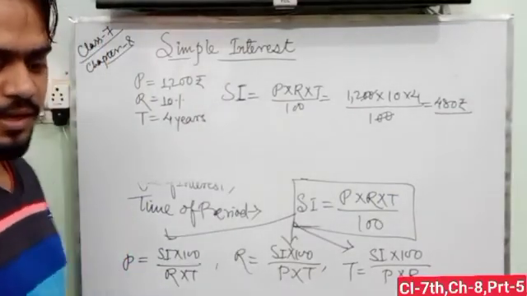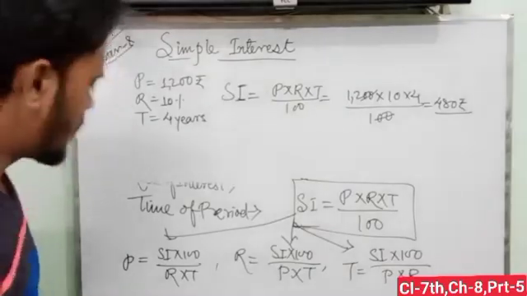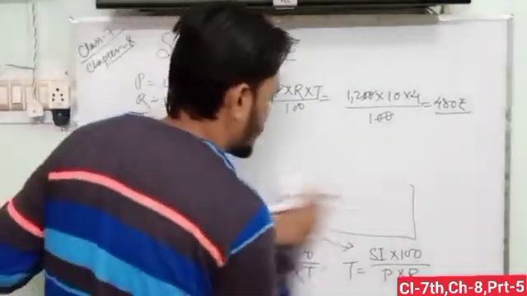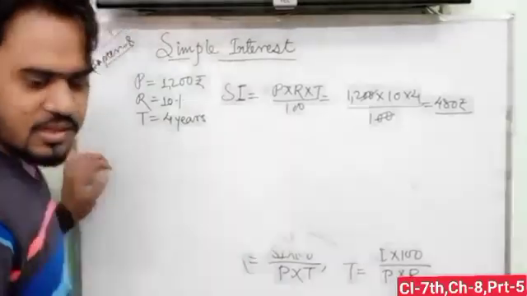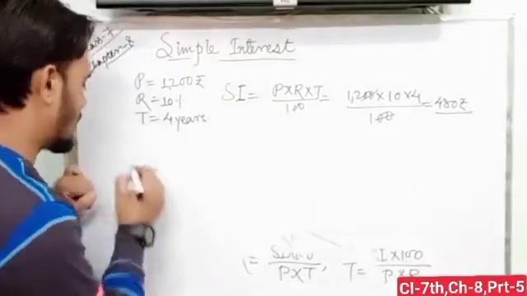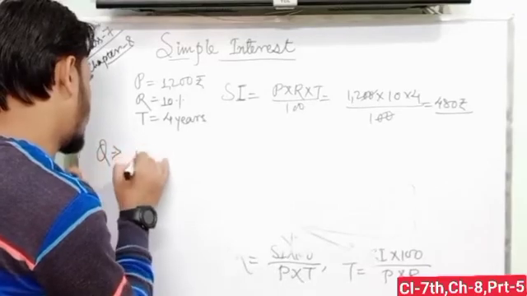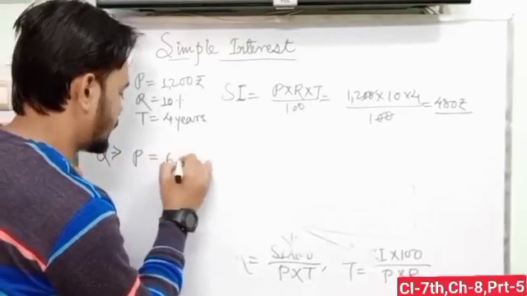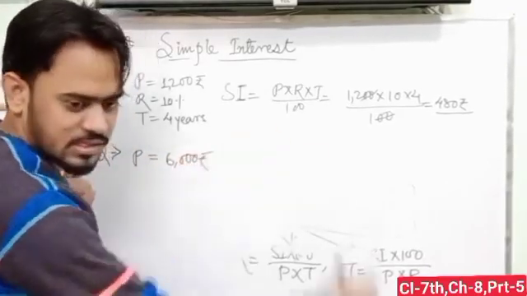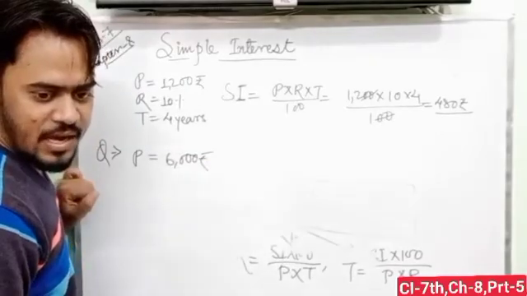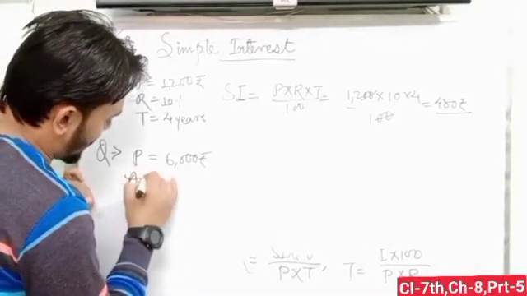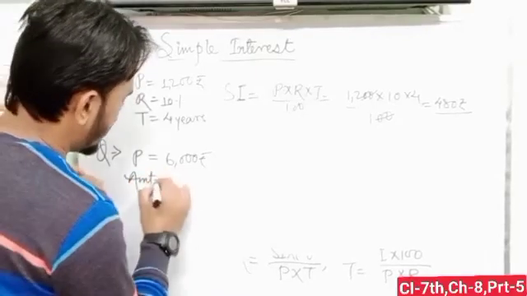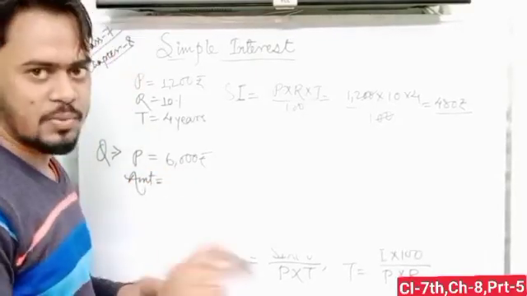Then similarly, take this question: Sandeep borrowed 6,000 rupees from his friend, so P is equal to 6,000, and returned 7,500 rupees after 1 year. This is the given amount, which is interest and principal both.